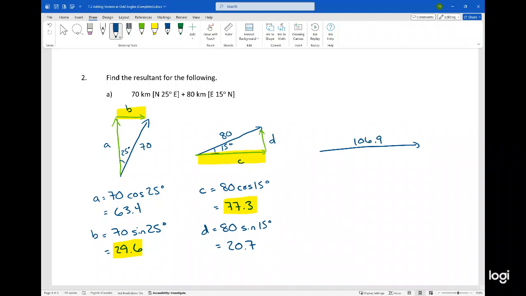And similarly, I look at my vectors A and D. A is going north, D is going also north, which means that I'm going to add those two together. So A and D will give me a total of 84.1 north.